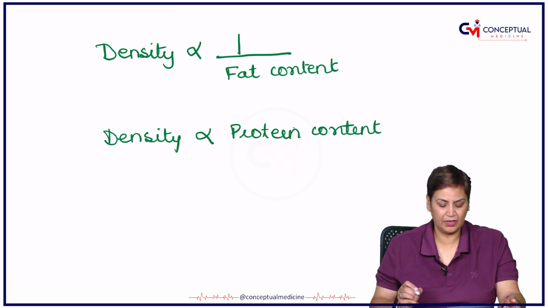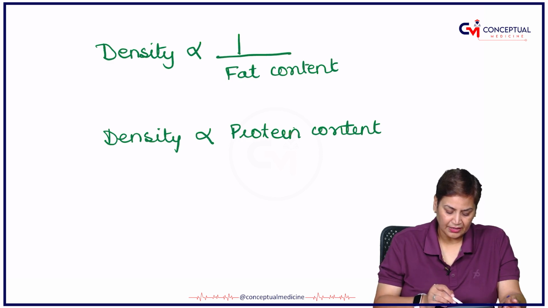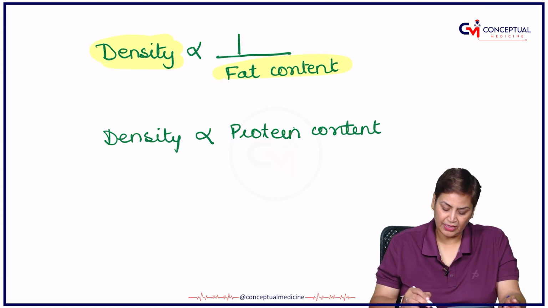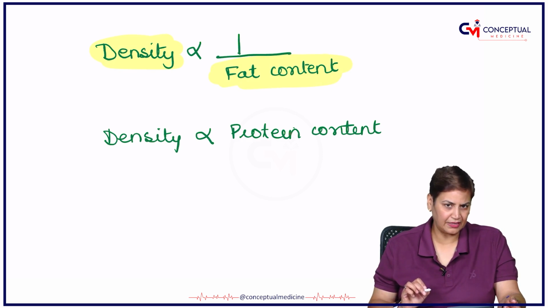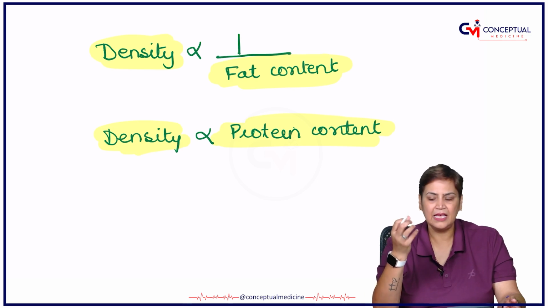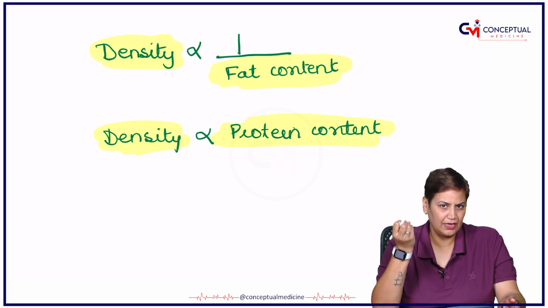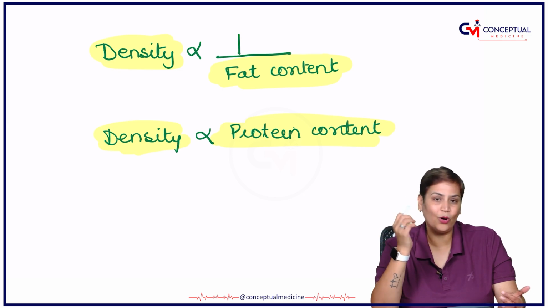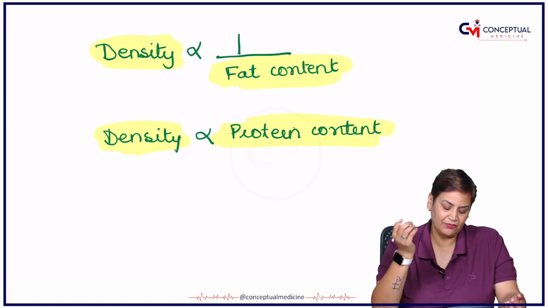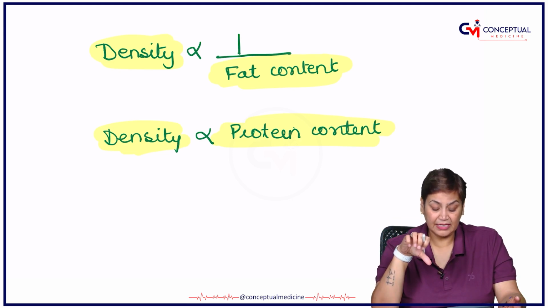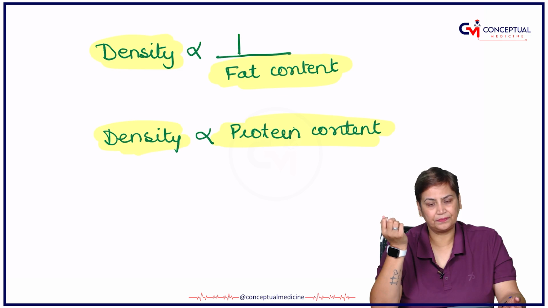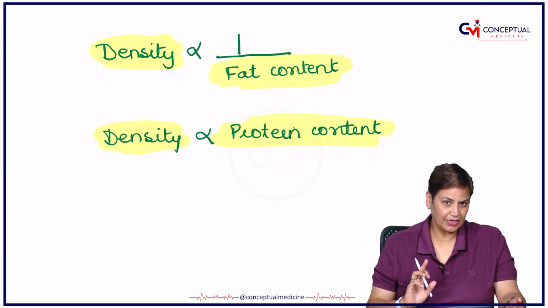This is very important, so I will highlight it: the density of a lipoprotein is inversely proportional to the fat content and directly proportional to the protein content. It means heavy density lipoprotein, or HDL, will have the least fat content and maximum protein content. On the other hand, chylomicrons will have maximum TGs, so they will have the least protein content. This is one very important aspect.